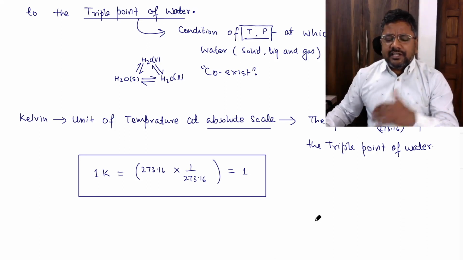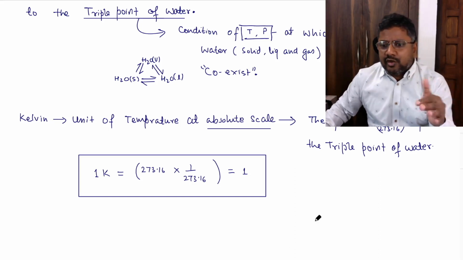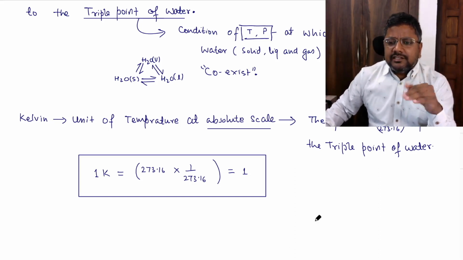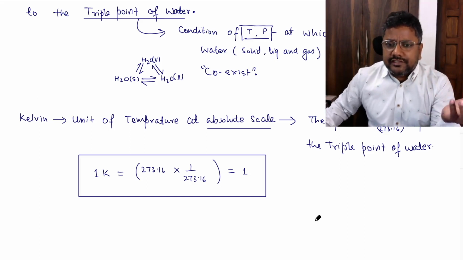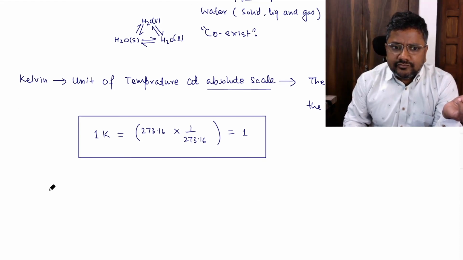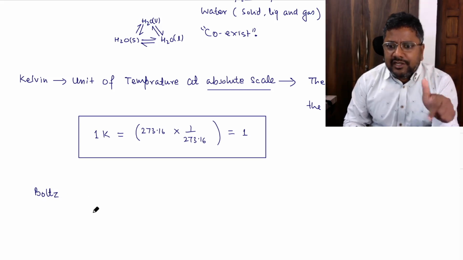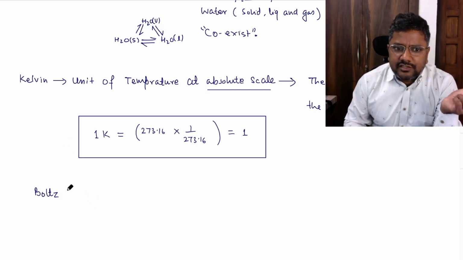Basically, as in the beginning I have told you, temperature is not a mechanical property, so it is not defined with the help of some property of matter. Basically this is defined in terms of some constants. So Boltzmann constant means Kelvin can be defined in terms of the Boltzmann constant also.